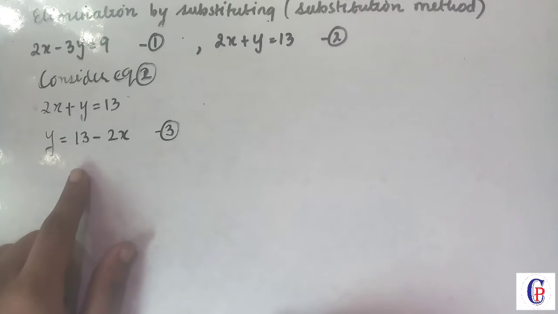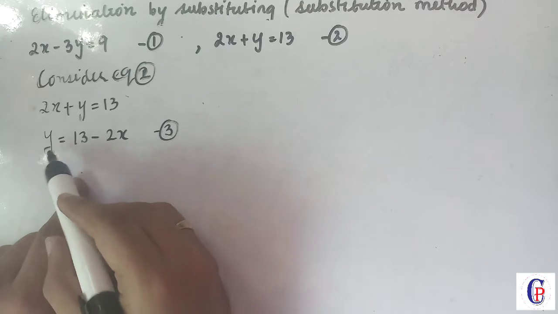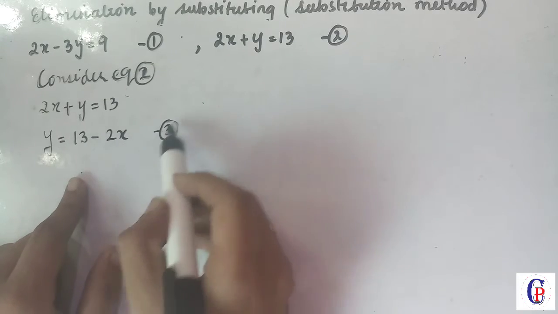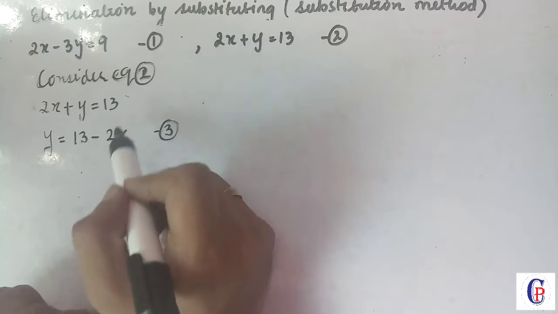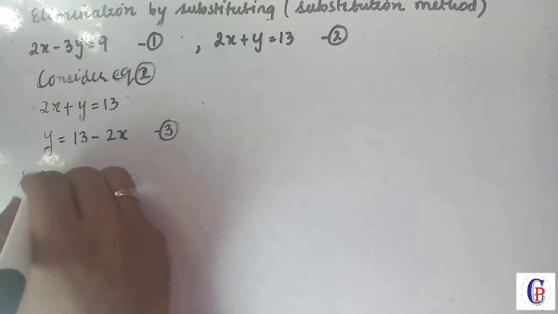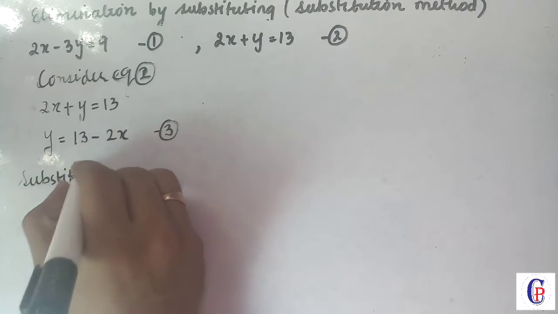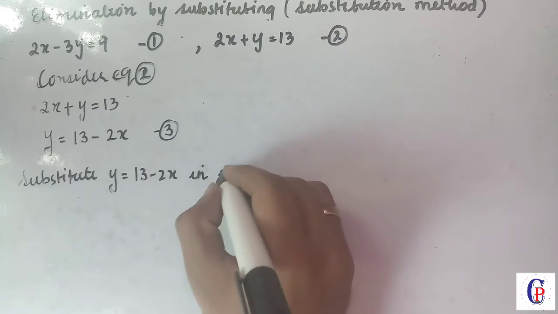Now this equation y is equal to 13 minus 2x, you will substitute in the equation which we have not considered. So we will put y as 13 minus 2x in equation 1 because we had considered equation 2. So substitute y is equal to 13 minus 2x in equation 1.